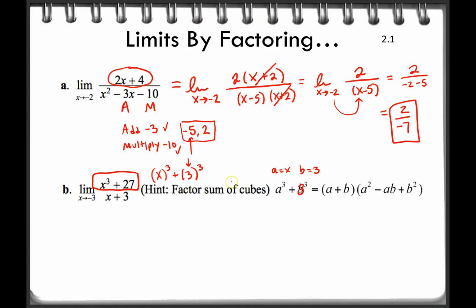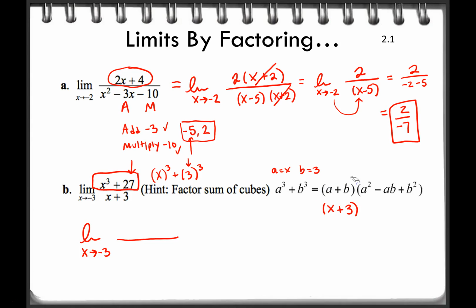Well, because 3 cubed gives me the 27 that I have here. So now I'm going to go ahead and plug that in, and I'm going to rewrite this as the limit as x approaches -3. And I'm going to have my a plus b, so this is going to be x plus 3, right? Because my a was x, my b was 3.